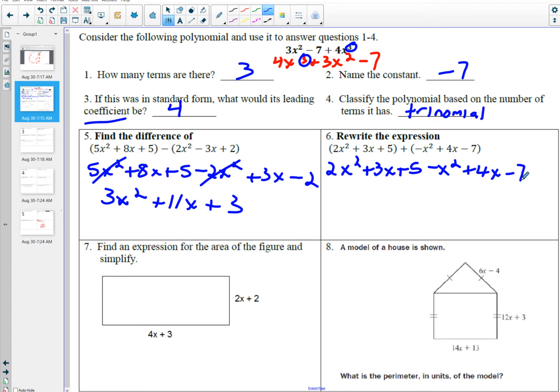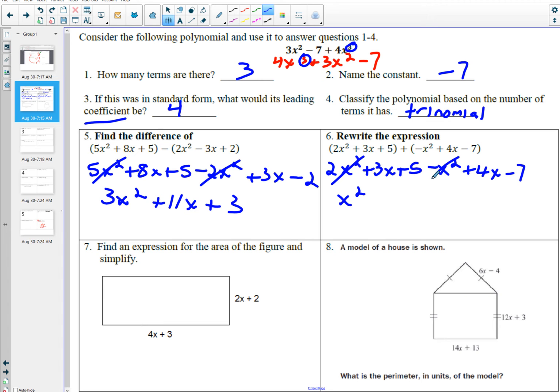Geo, what's 2x squared minus x squared? Okay, and 1x squared is just x squared. I'm going to write this x squared. Viviana, what's 3x and 4x? Viviana, what is 3x and 4x? 3x plus 4x is 7x.